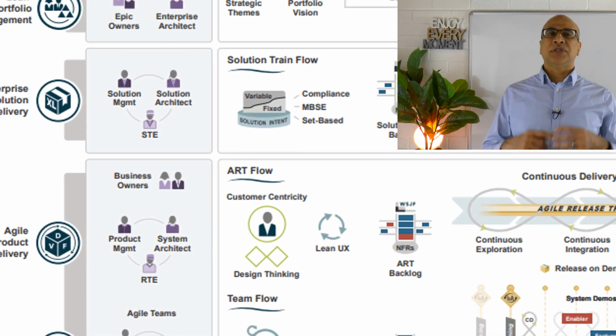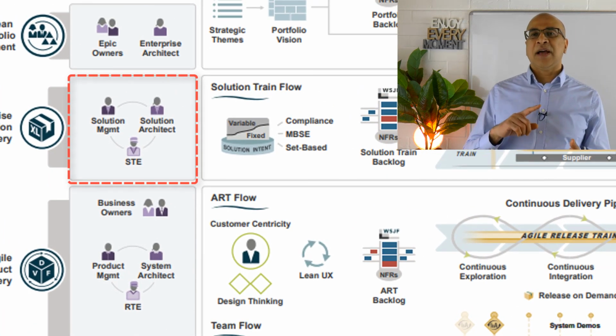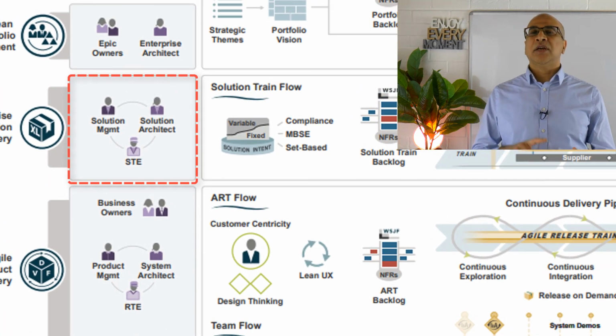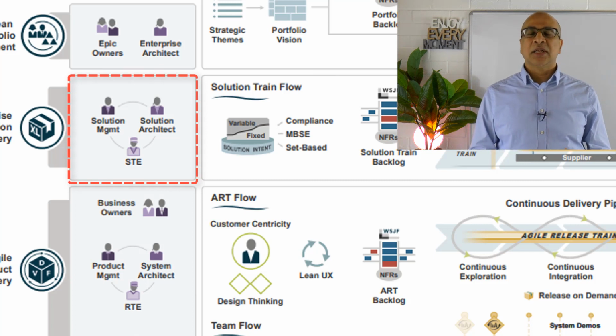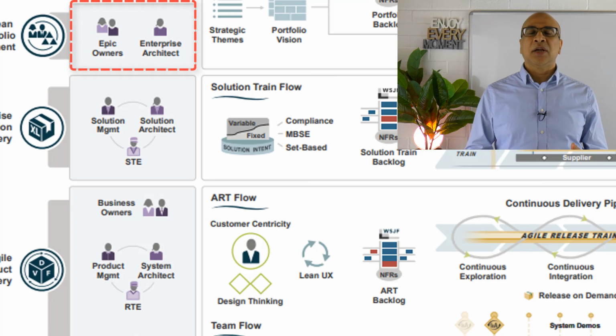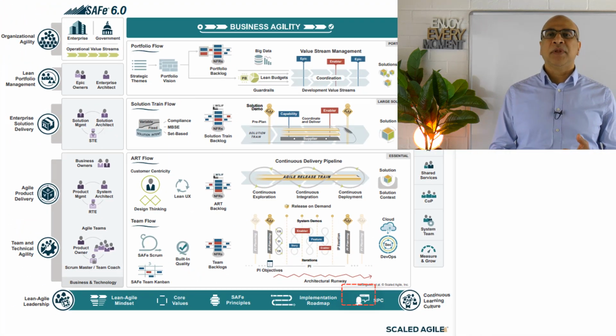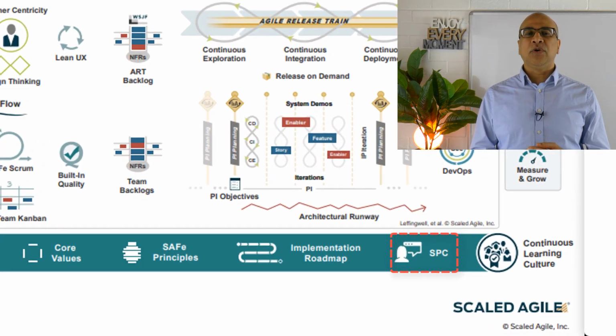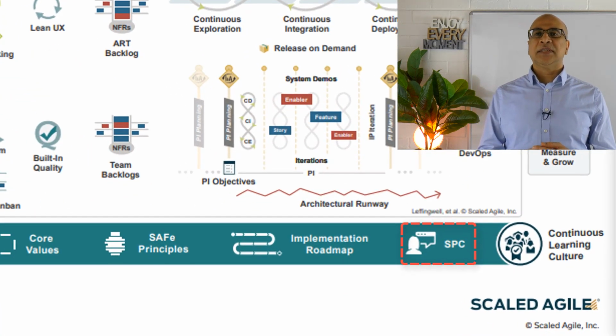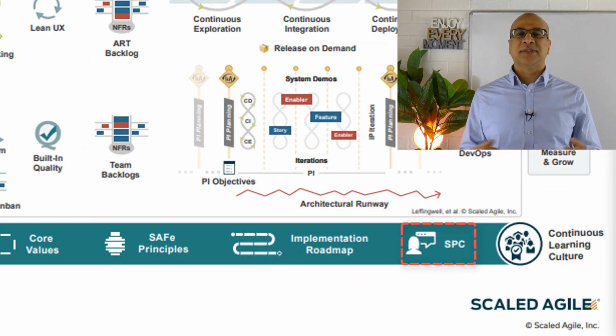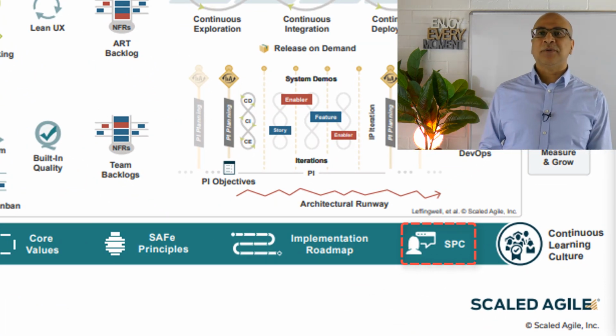At the solution tier, you have the solution train engineer, the solution management, and the solution architect. And at the portfolio tier, you've got the epic owner and the enterprise architect. And over here at the bottom, covering all of the different levels, is the SAFe Program Consultant. Okay, so let's get stuck in one by one on each of these.